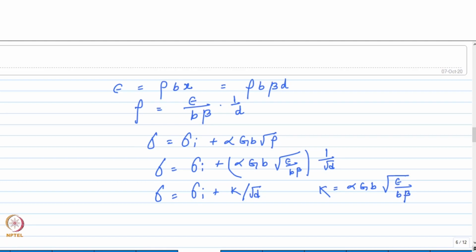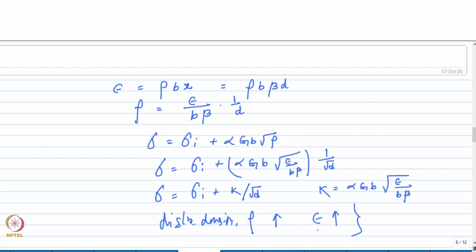And from here you can also see that the dislocation density increases proportionally with the strain, and this is quite obvious as we have discussed while discussing work hardening or cold working.